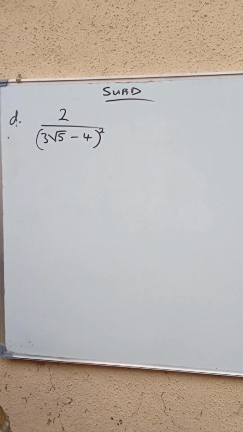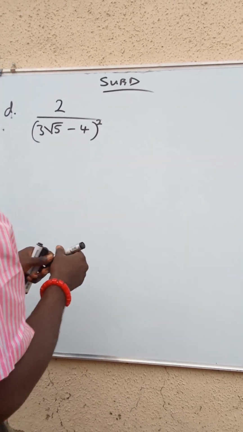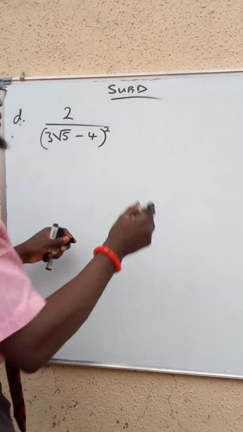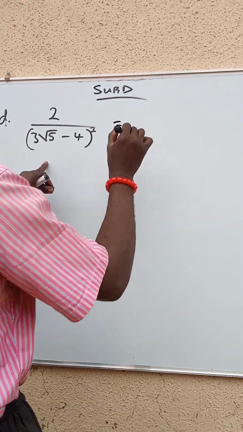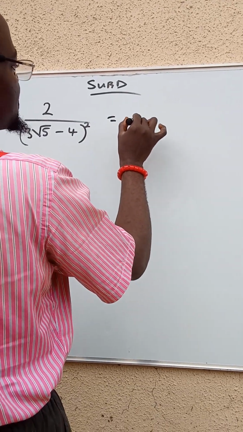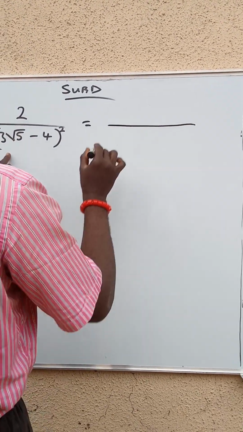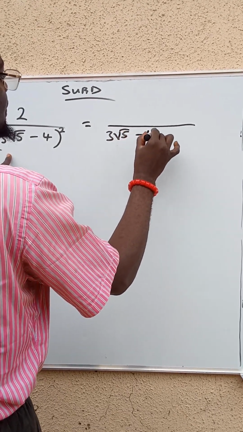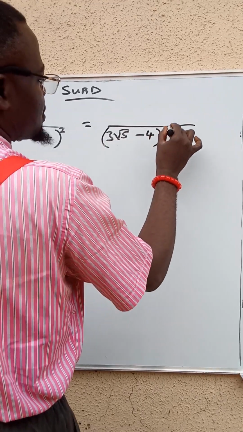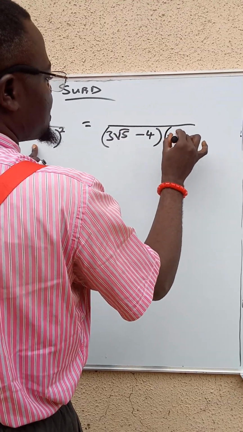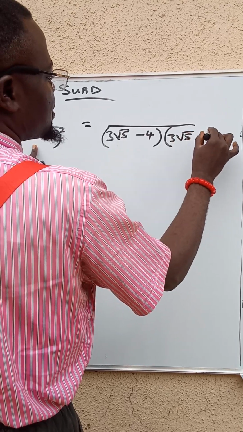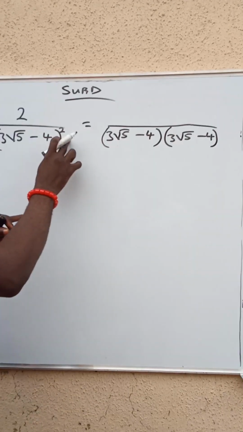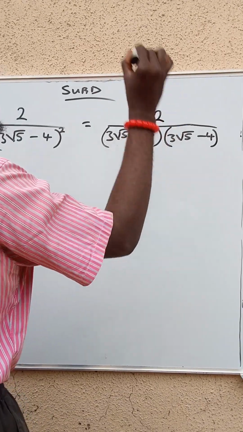Yes, it's 2. Now, look at it here. We have to bring this out. We'll solve this first. Which is now what? I have 2. Remember, just draw this first. 3 root 5 minus 4. 3 root 5 minus 4. This is what the squared means. 2. Then you put your 2 here in the center.